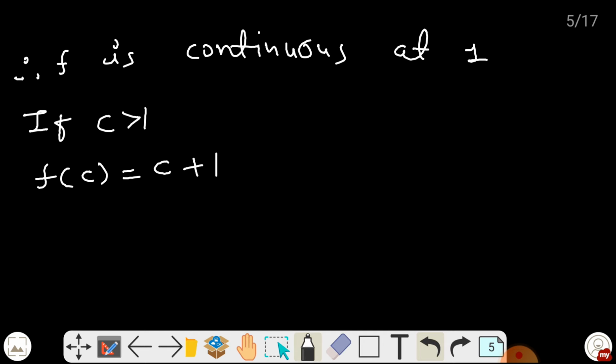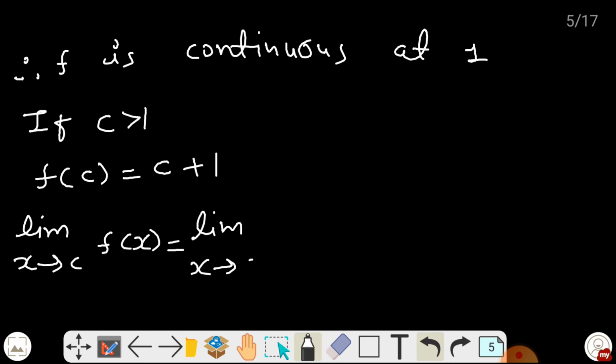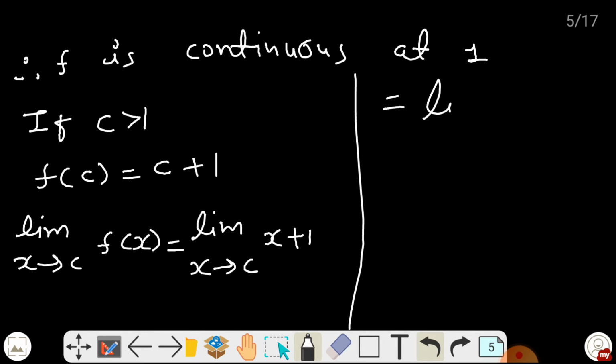Now let us find the limit of a function. So limit x tends to c f of x is equal to limit x tends to c x plus 1, which is equal to c plus 1.